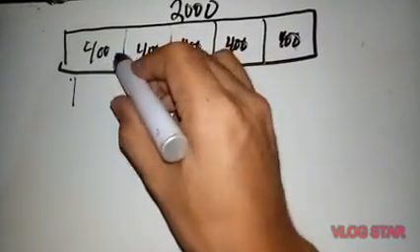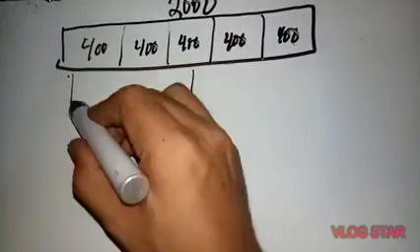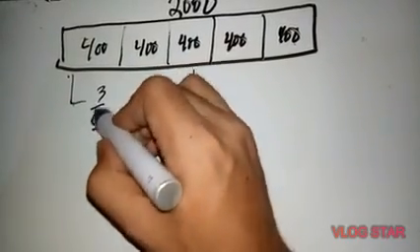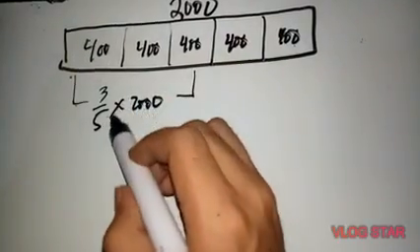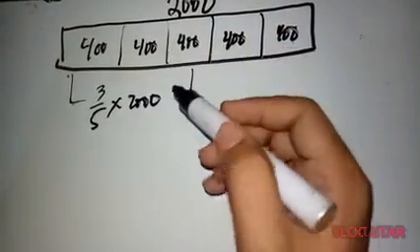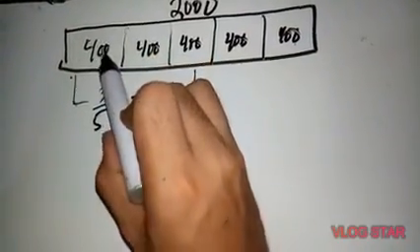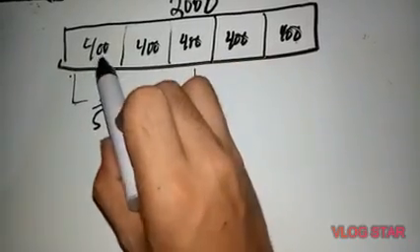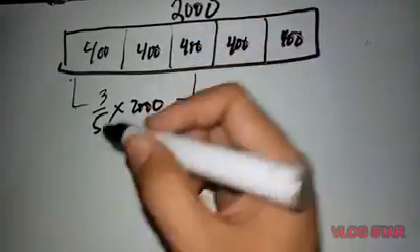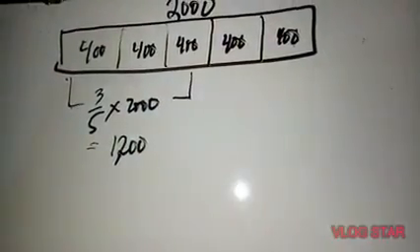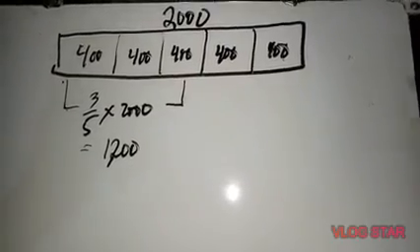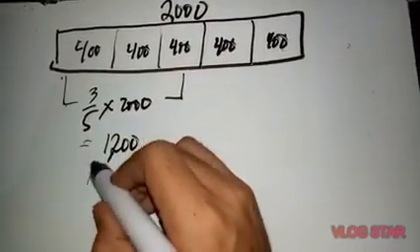So from this part to this part, so 3/5 of 2,000, we don't need to multiply. Just add these 3. 400 plus 400 plus 400 is 1,200. So it means that she spent 1,200 for the dress.